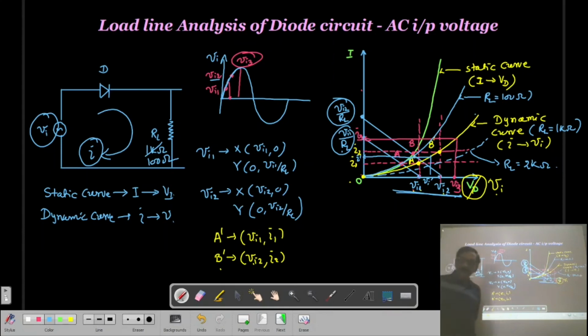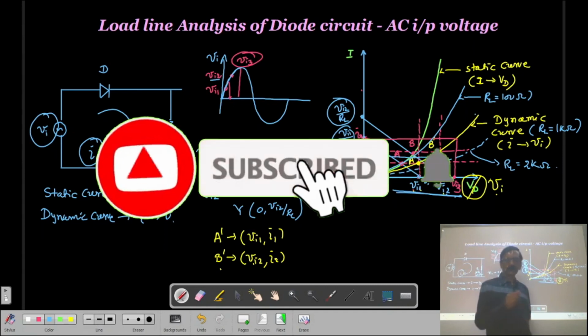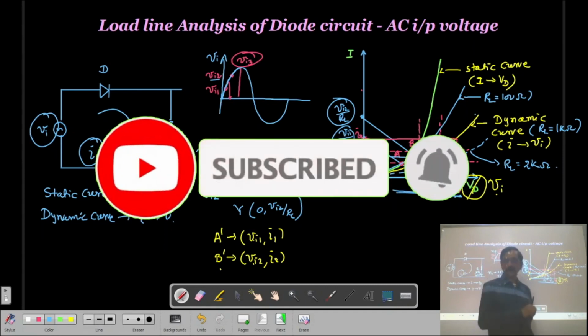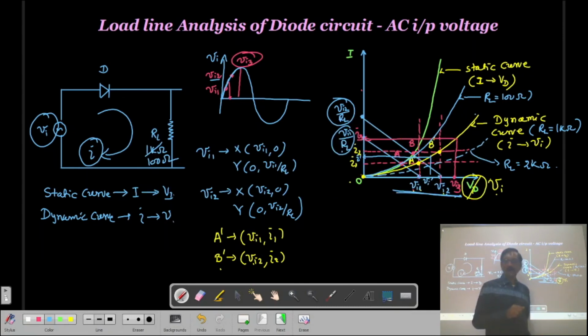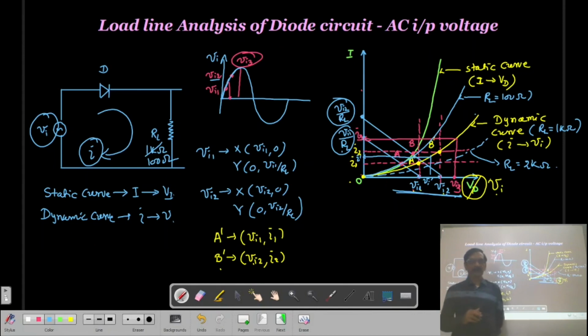So the static curve is independent of RL because it is representing the characteristics of the diode, but the dynamic curve depends on the value of RL. In this way, by plotting a dynamic curve, you can find out how much current is flowing in the diode circuit. In the next lecture, we will discuss the rectifier circuit.